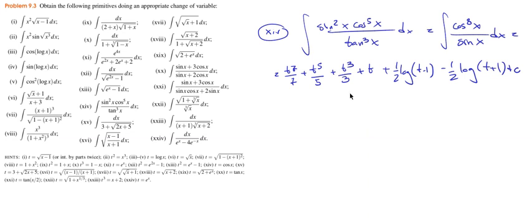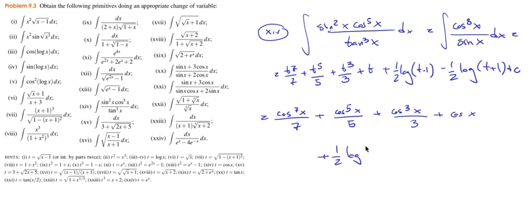Okay, and now we can undo the change of variable. Remember that t was equal to the cosine, so you have cosine to the 7 over 7 plus cosine to the 5 over 5 plus cosine cube over 3 plus cosine of x plus 1/2 of the logarithm of the cosine of x minus 1 divided by the cosine of x plus 1.